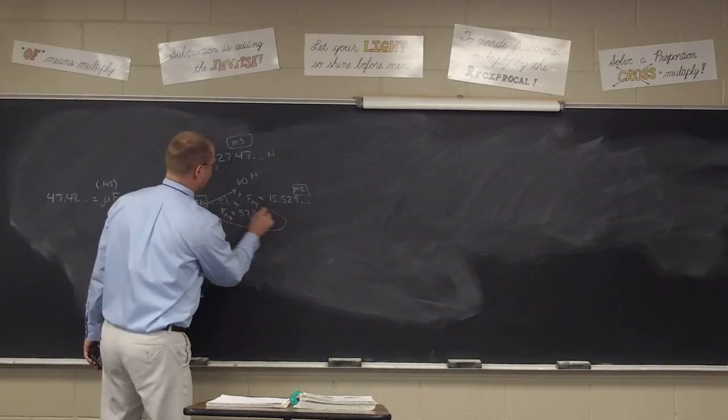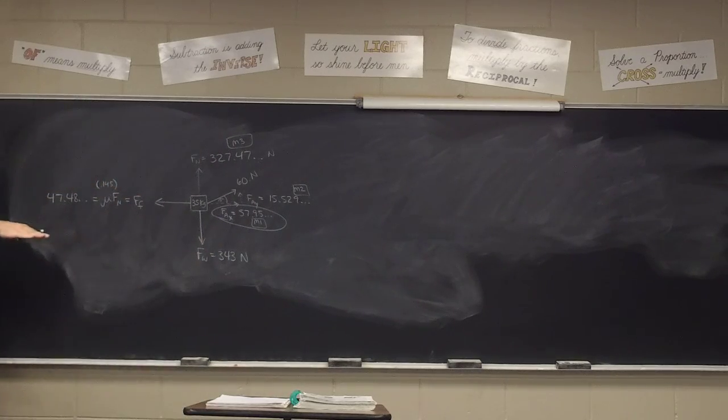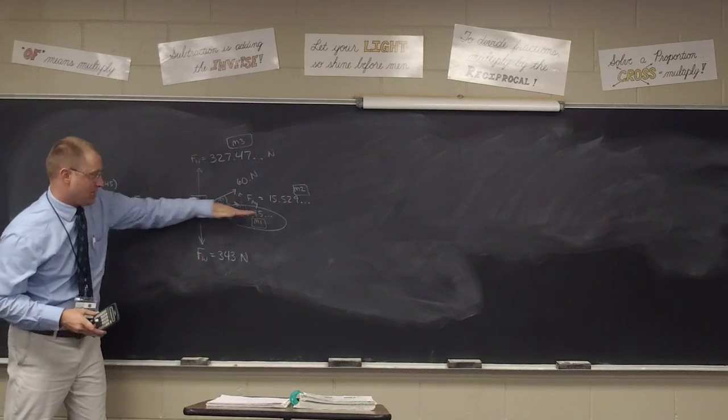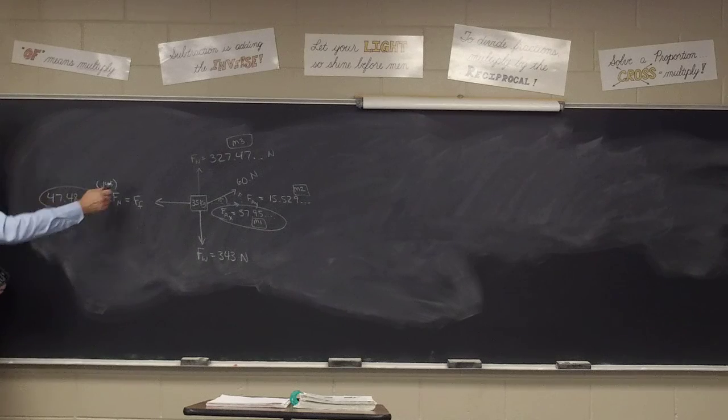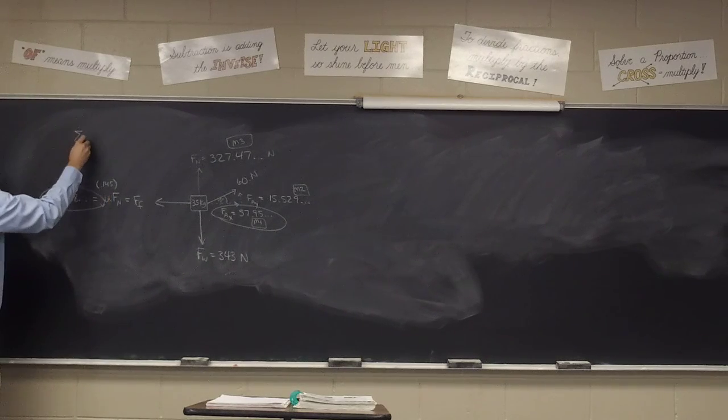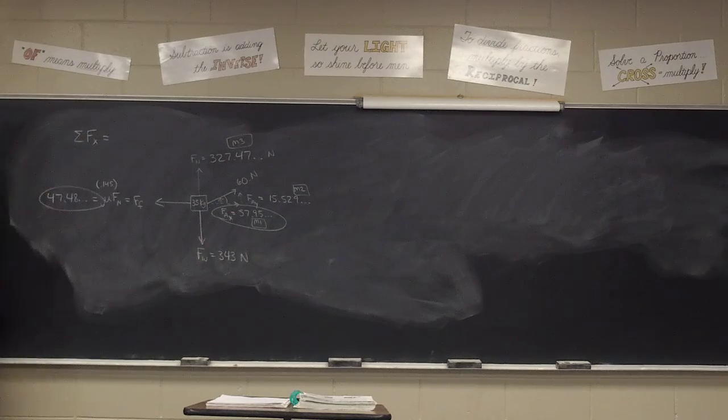Now, he doesn't have 60 newtons still, does he? He only has 57.95 newtons in the x, countering 47.48 newtons in the x the other way. So that's changing then the sum of the forces in the x. What is the resultant force now?